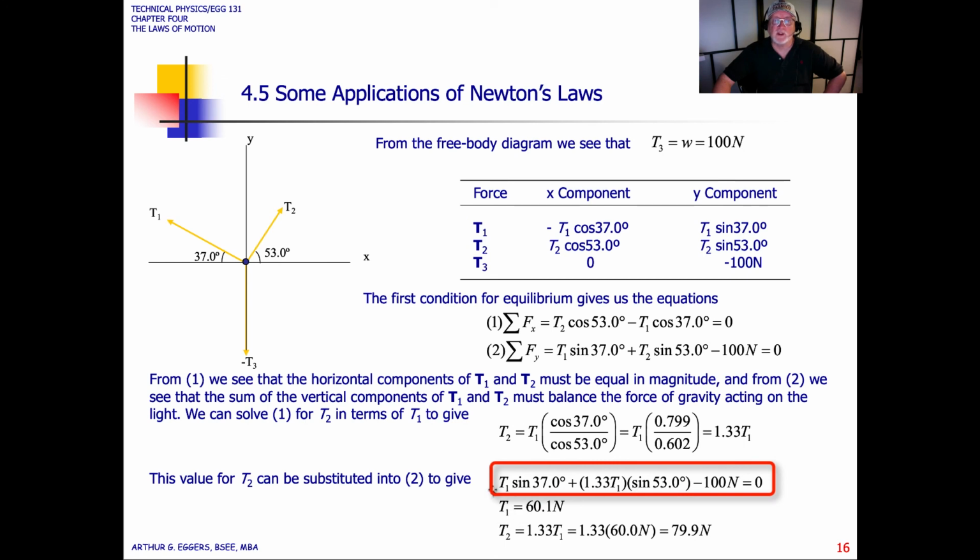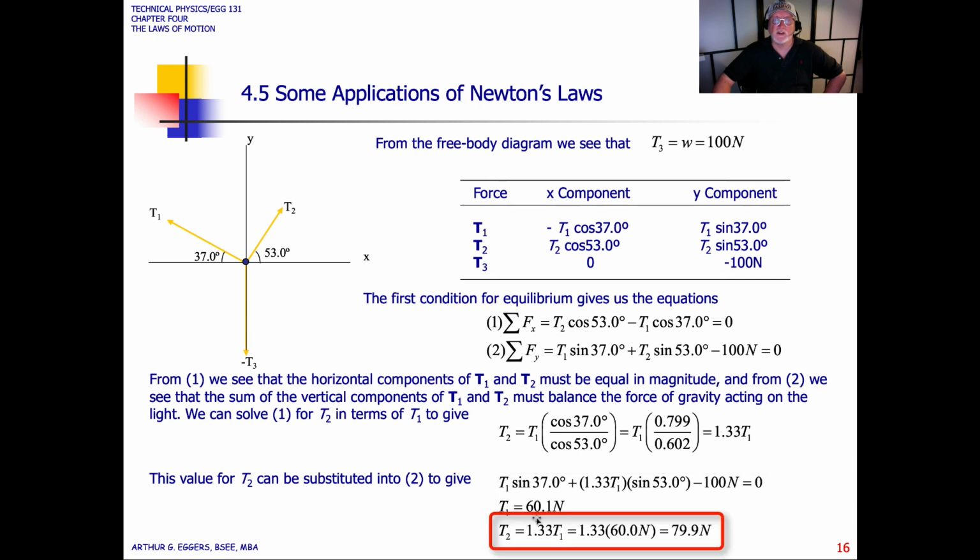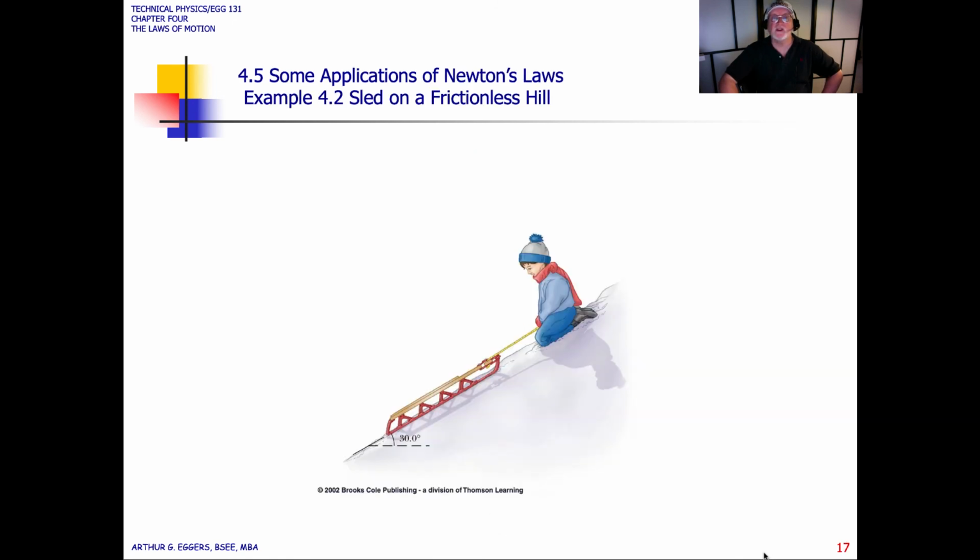All we have left are T1s. We extract our T1 terms, move them to the other side of the equation, and now we have T1 is equal to 60.1 newtons. T2, now substituting that value into the relationship, gives us 79.9 newtons. Okay, so we've solved one in terms of the other.